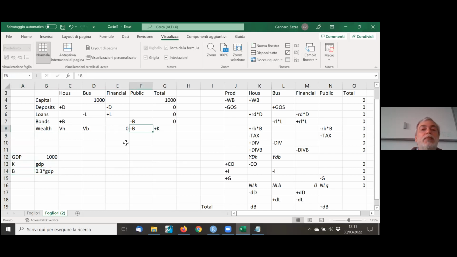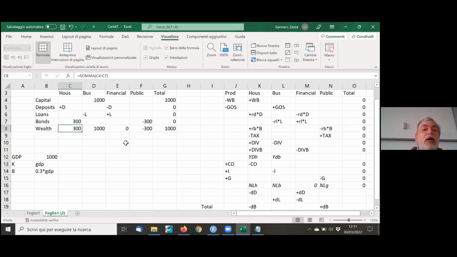And I can plug it into here. And this has to be the negative of this. This has to be the sum of the elements in here, and the same for the other columns.